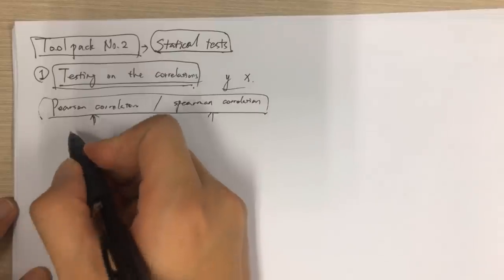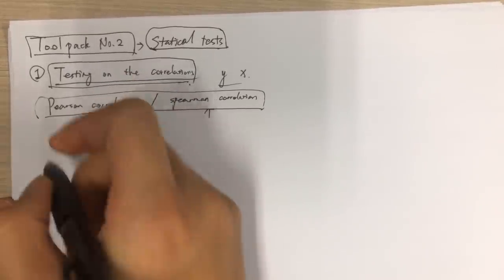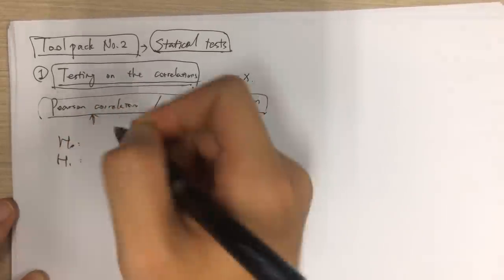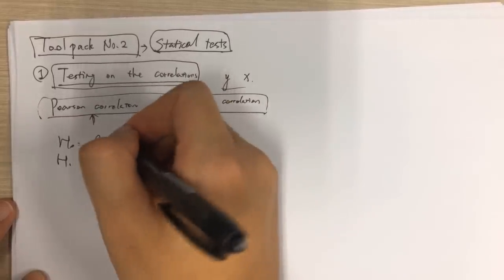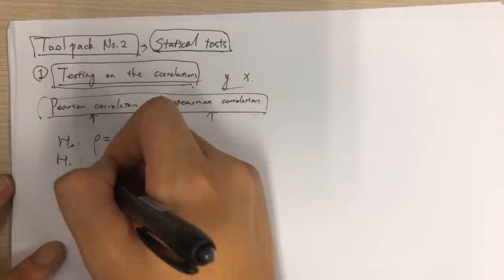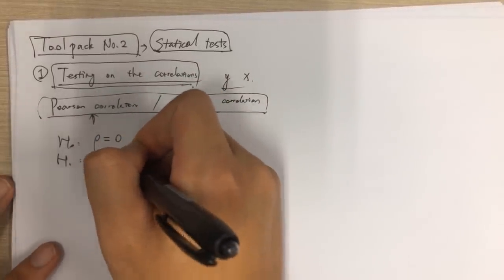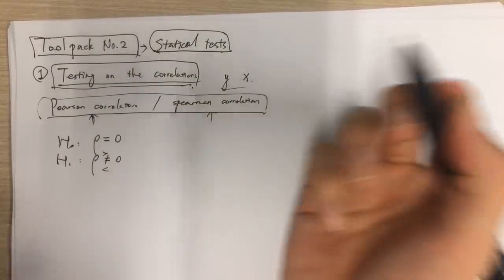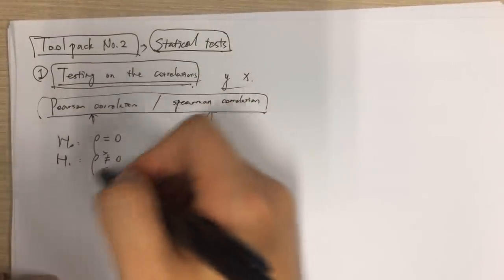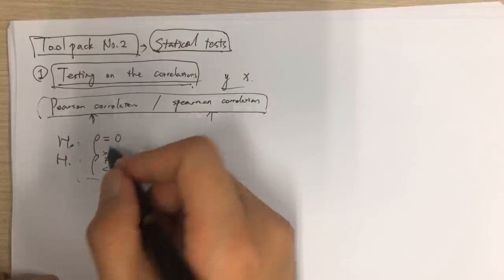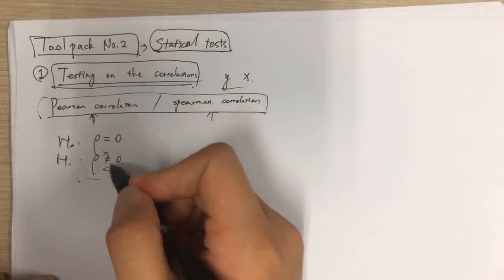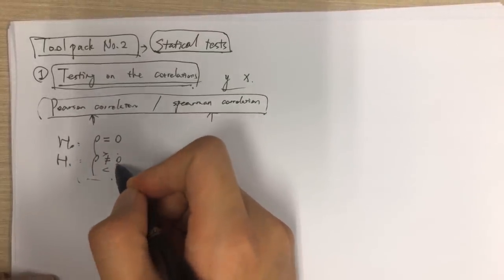Well, Pearson correlation: null hypothesis and alternative hypothesis. Rho equals 0 and rho not equal to 0, or greater than 0, or less than 0. It depends on whether you want to test if the correlation is significantly larger, smaller or not equal to 0.